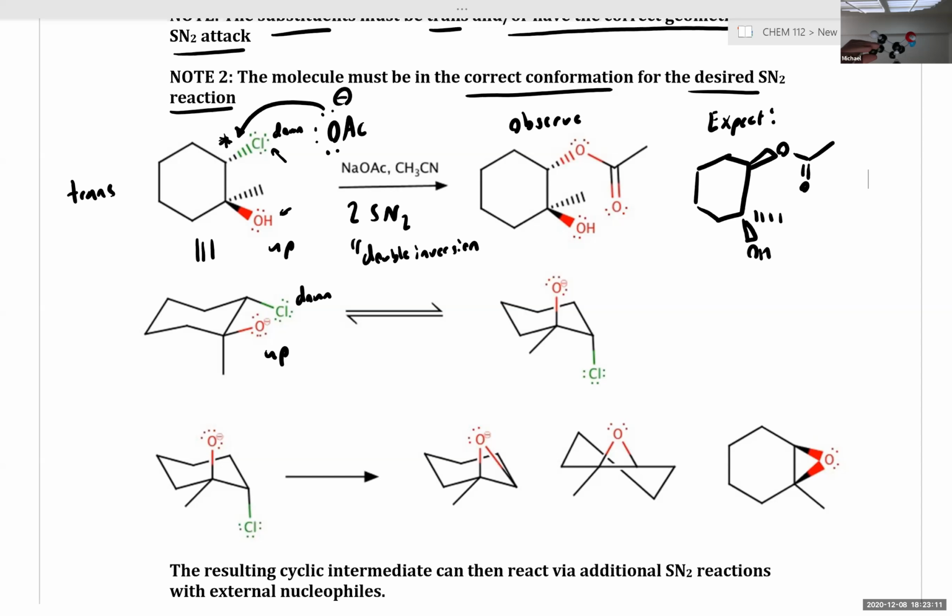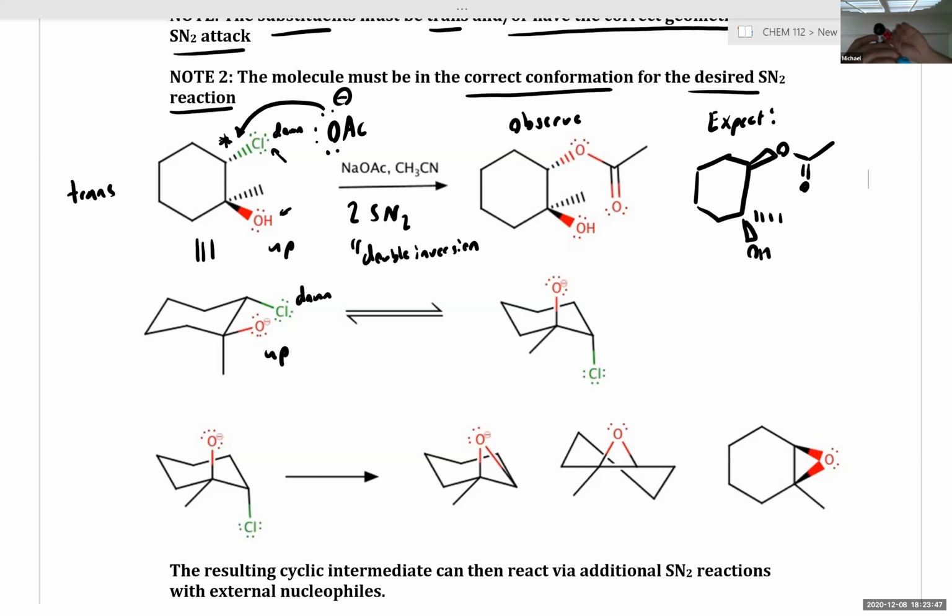No, we don't. However, after a chair flip, let's show our chair flip now. After a chair flip, do we have our nucleophile and leaving group set up in the right geometry? Do we have the right relative geometry for an intramolecular reaction? Is our nucleophile set up anti to our leaving group?